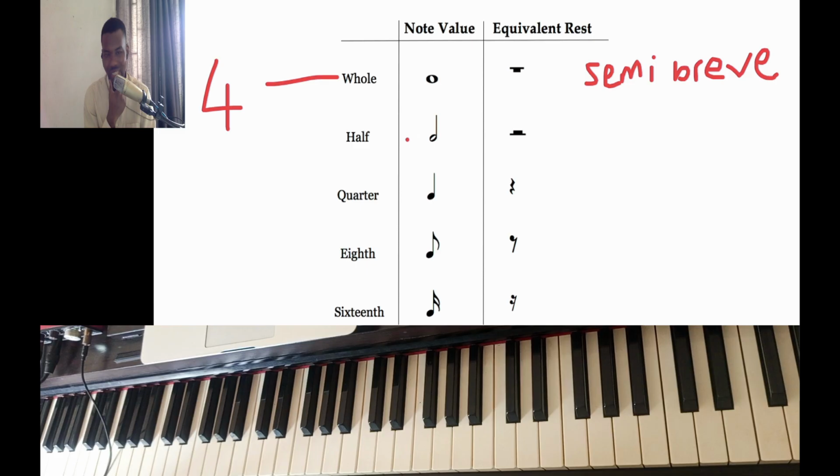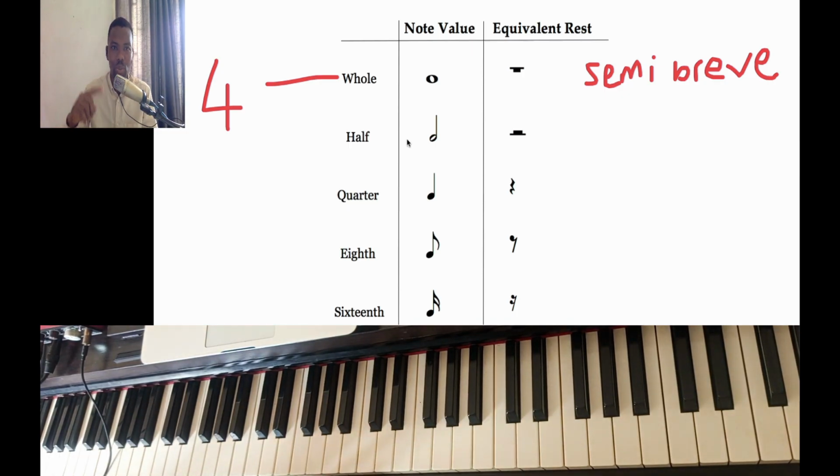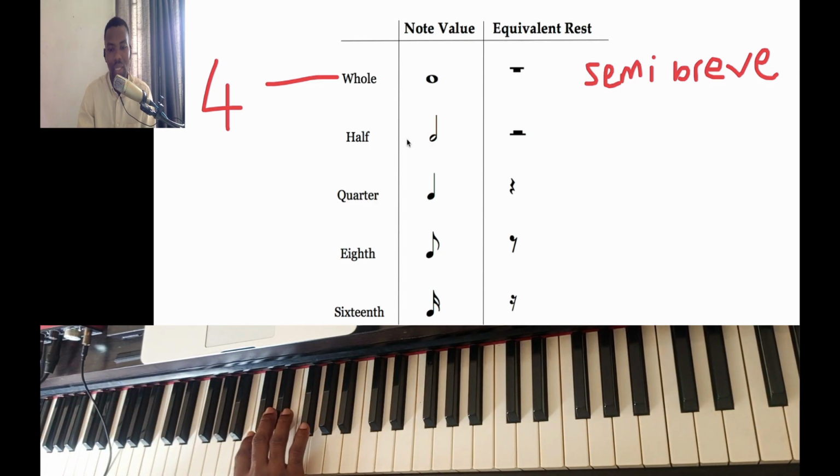If a whole note is played for a duration of 4 beats, for instance, let me use my metronome. 2, 3, 4. You can hear the metronome click. The high bang is the first beat. So I'll count: 1, 2, 3, 4. A whole note will be played for that duration, for 4 beats, like so.